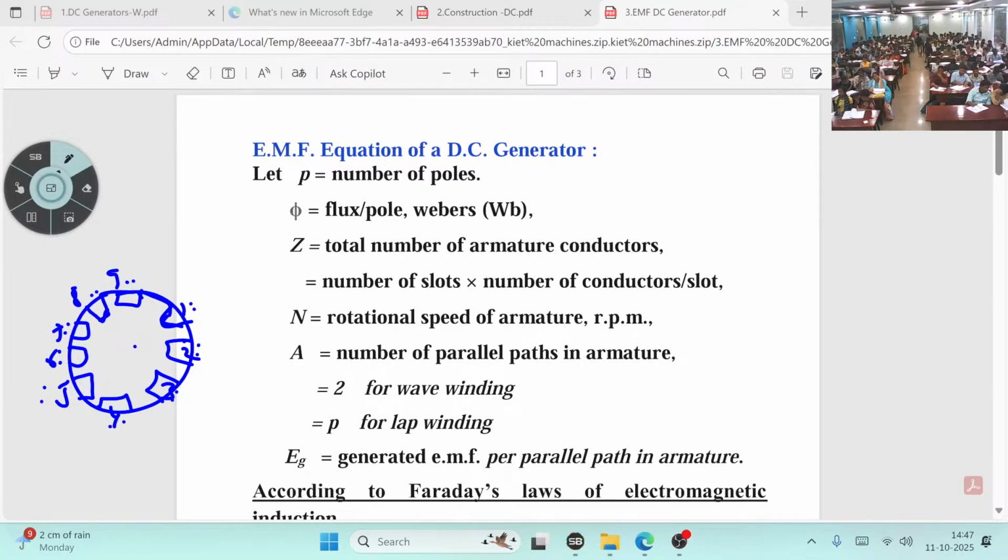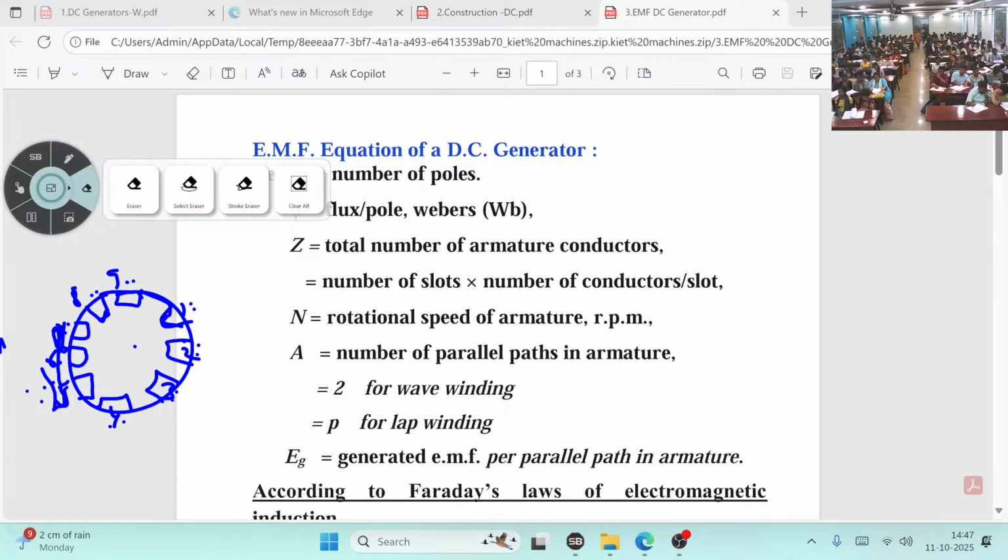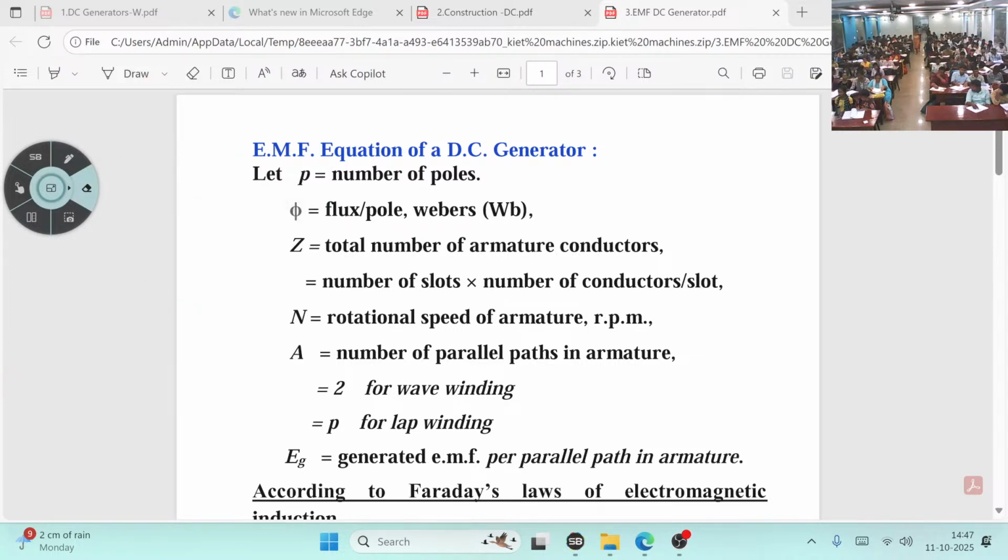Now A, what is meant by A? A is nothing but the number of parallel paths.